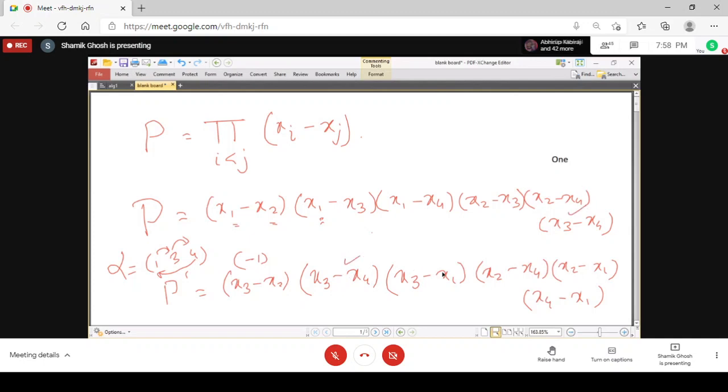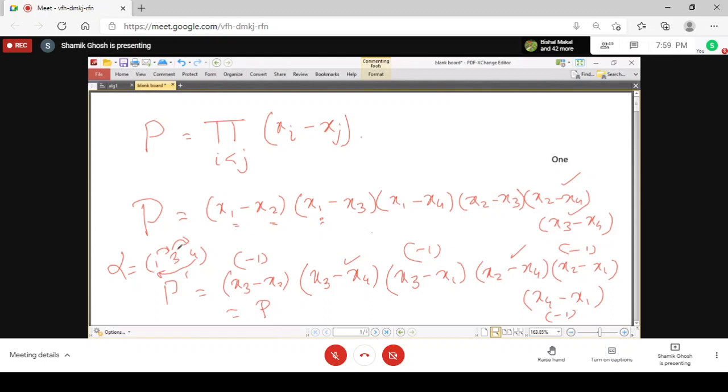Again, x3 minus x1 is here; it was previously x1 minus x3, so another minus 1 is here. x2 minus x4 is the same as it was. x2 minus x1 attracts another minus 1; it was x1 minus x2 before. And similarly, x4 minus x1 comes with another minus 1 because it was x1 minus x4. Now you see that there are four minus 1s. So ultimately, you get plus 1. So it remains P.